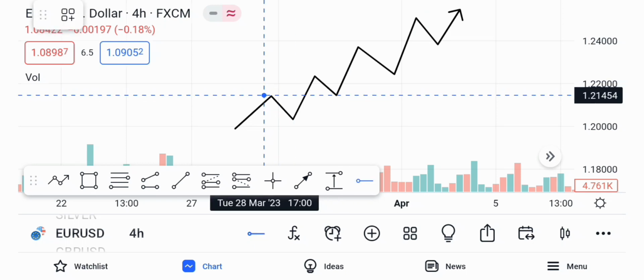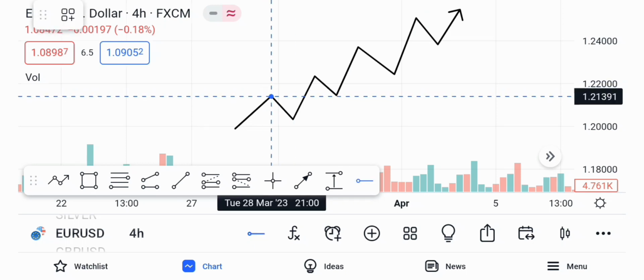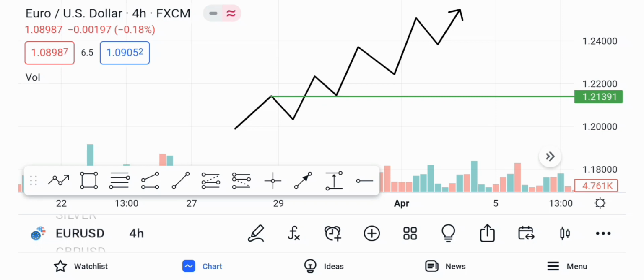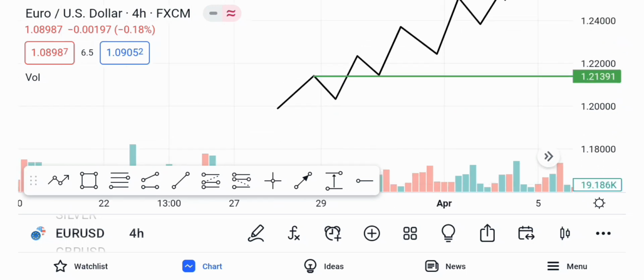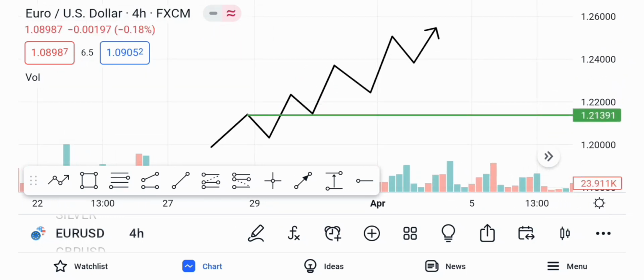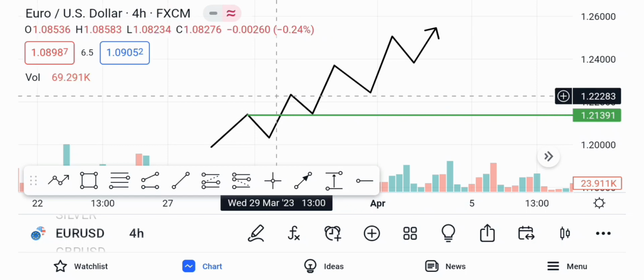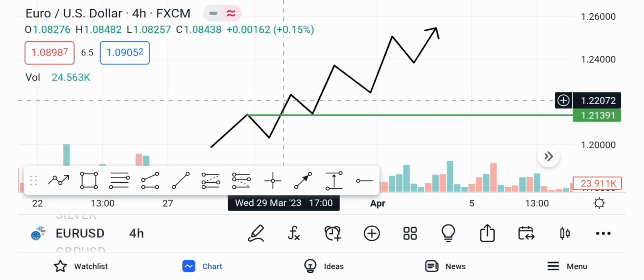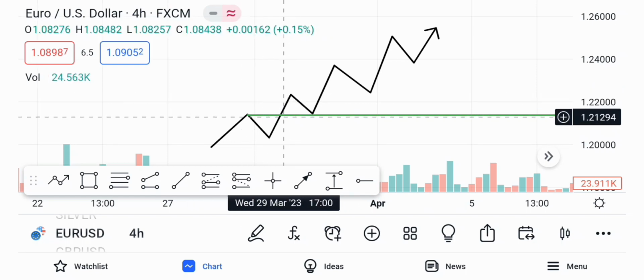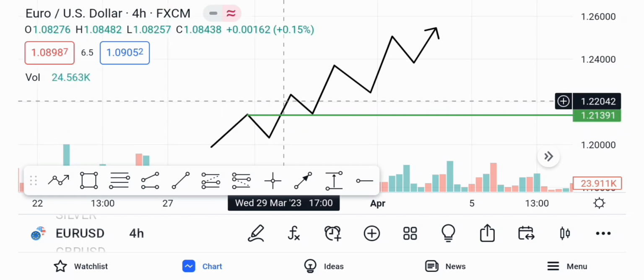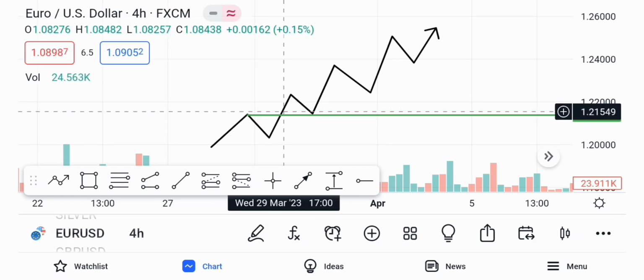It's very obvious. As you can see, when the market was trending up, it created a resistance. Then, when it went back up, it created another higher high, and it exceeded our resistance. It broke through our resistance.